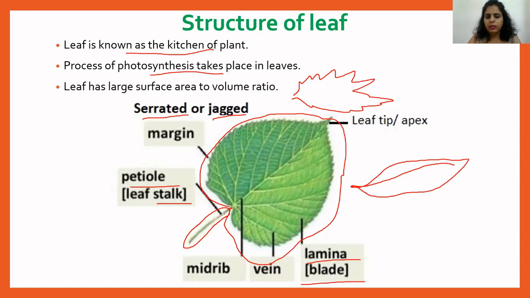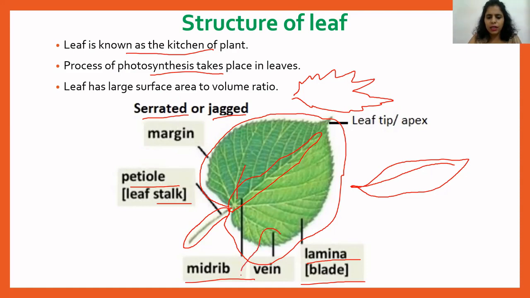Now, if you look at this leaf, there are many lines in the leaf. This petiole actually runs inside the leaf as a thick line in the center, and this thick line in the center is known as midrib. If you look carefully, the midrib also divides into many other lines on both sides.